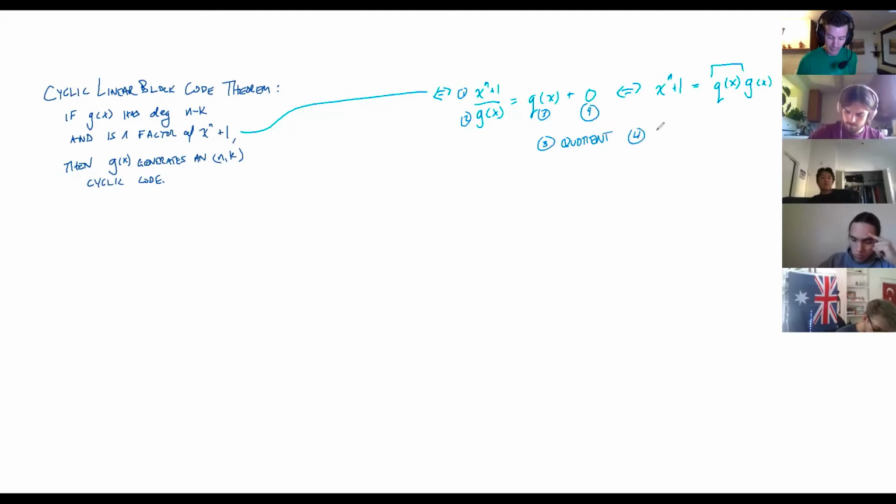Player number 4 is called the remainder. And for players number 1 and 2, I can never remember which one is which. You're dividing by g of x, so that's your divisor. And the thing on top, which we all call the numerator, is technically called the dividend, the thing being divided.